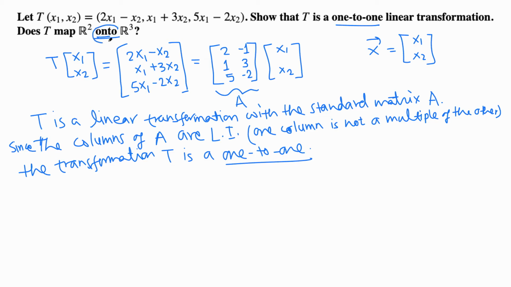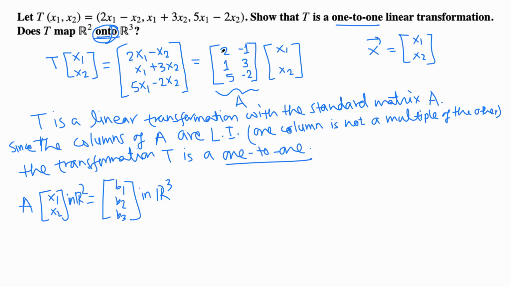Onto R3 means for any vector in R3, let's say b1, b2, b3, a generic vector in R3, can we find x1, x2 in R2 so that when we multiply by A, we get this vector? Is that possible?